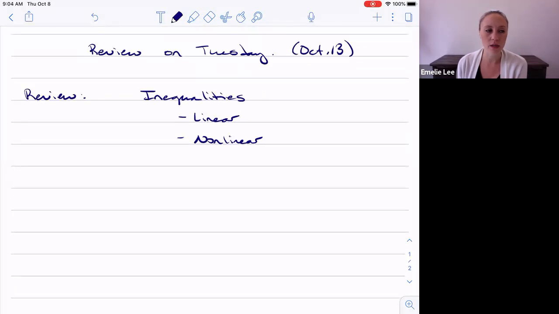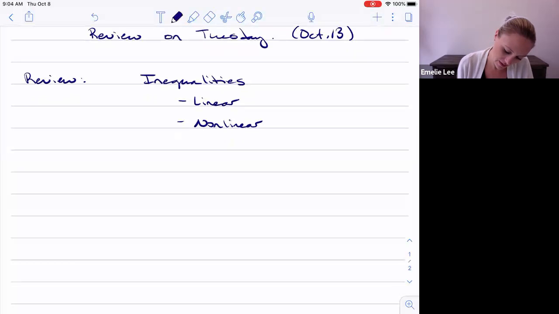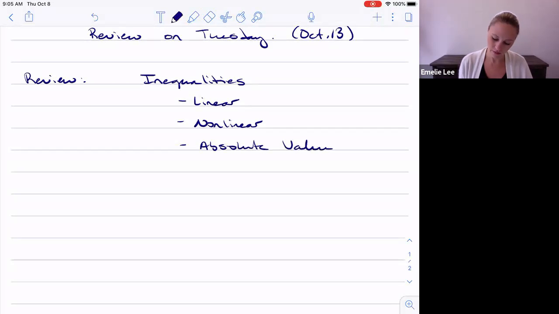For nonlinear inequalities, we had to make the number line and figure out where the equation satisfied the inequality, right? And then we talked about the absolute value inequalities as well. And then I said, give 51 a try, and then we'll do it as a review next day.